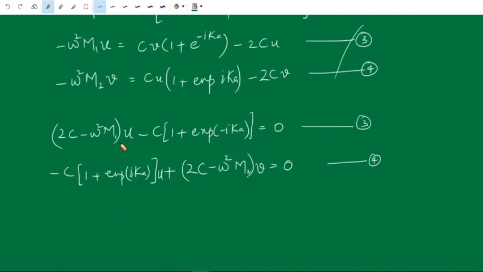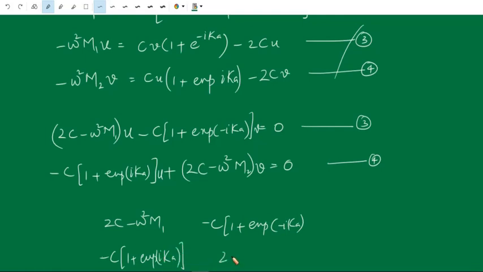They have a solution only if the determinant of these coefficients of u and v vanishes. That is, 2c minus omega square m1, minus c into 1 plus exponential minus ika, minus c into 1 plus exponential ika, 2c minus omega square m2. If this determinant is 0, then these equations have a solution.